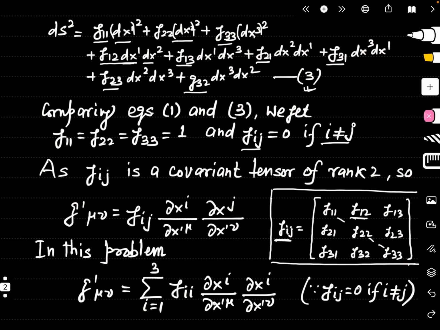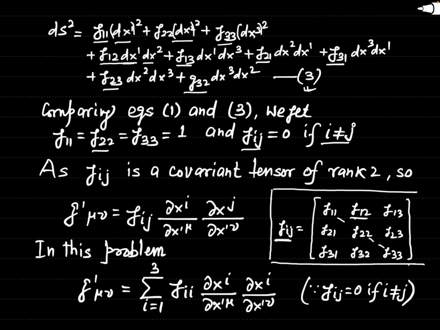It means G11, G22, G33, all these three are equal to 1. So we have evaluated the value of the different elements of this metric tensor. You can see only the diagonal elements are non-zero, and those are actually equal to 1, and all the off-diagonal elements of this metric tensor are equal to 0.